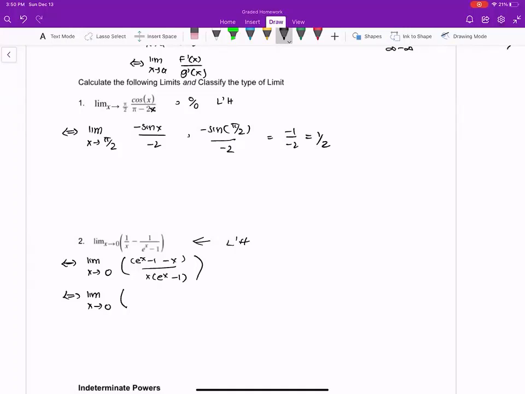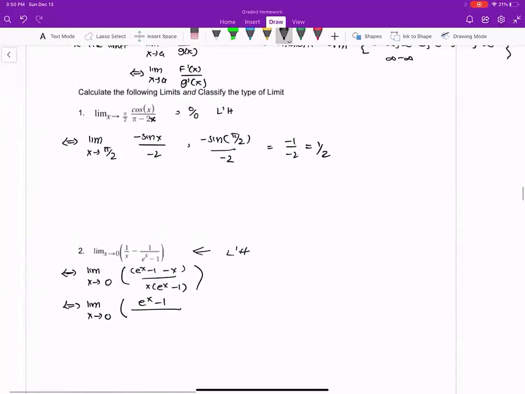If you apply it here, you would get e to the x minus 1 over, there's product rule, so differentiate the first. You differentiate the first term, 1, you keep the second term, e to the x minus 1. There's addition. Now you keep the first term and you differentiate the second term, which is just e to the x.